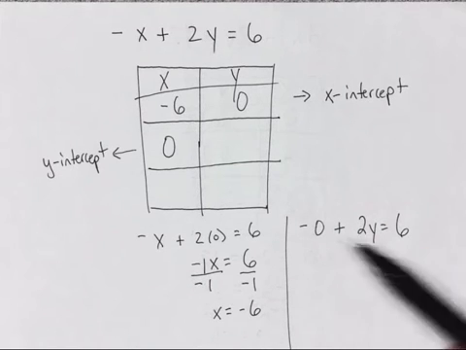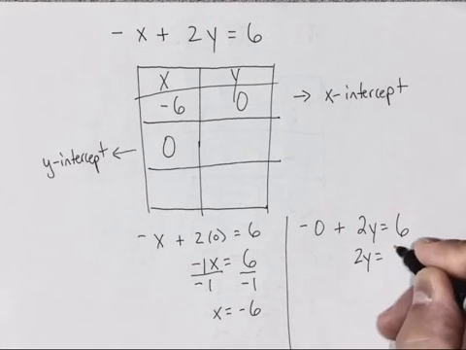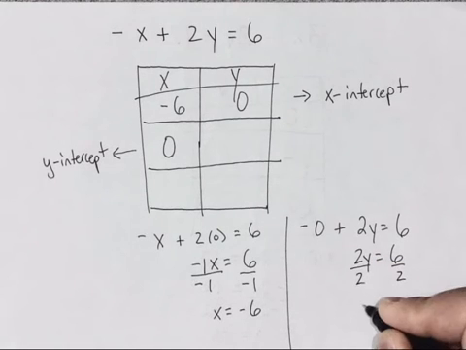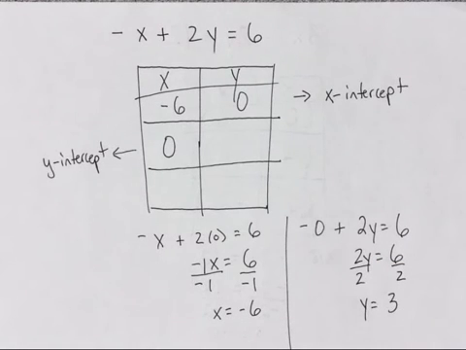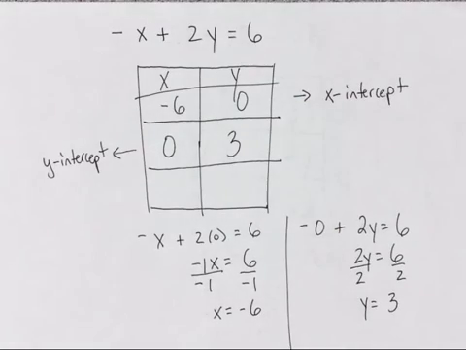So then, obviously, negative 0, that's going to be 0. We're not going to worry about that. So 2y equals 6. Divide both sides by 2. y equals 3. So then, that is our y-intercept, 0, 3.